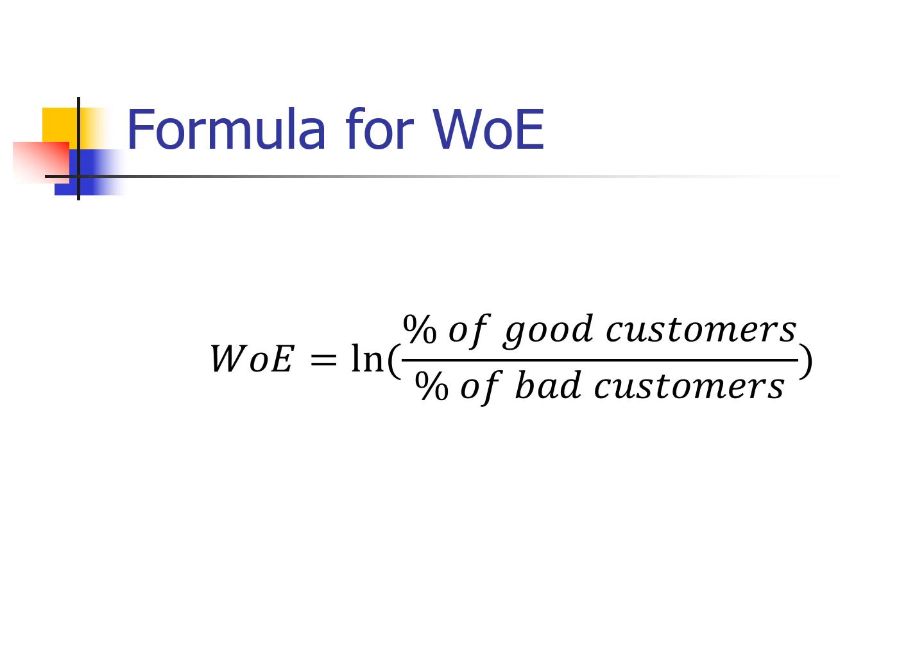For just these people, what percent of them were good, what percent paid back their loan, and I divide that by what percent of them are bad. So I have my percent good over percent bad.